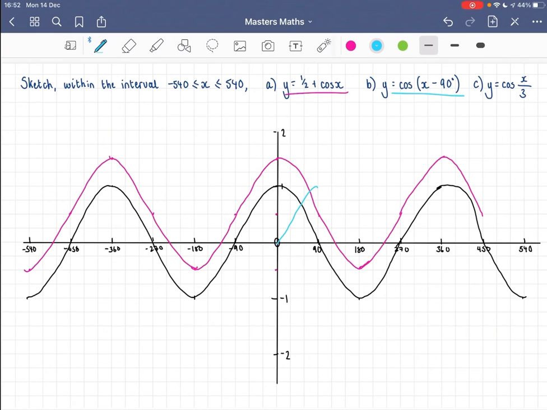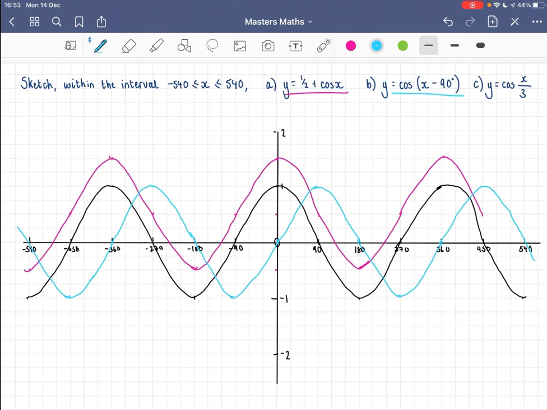It's going to come down, cross at 180, go down like this, and up again, and then like that at 450, and then back down and cross at 540. We do the same in the negative direction, so it's coming down and up again, getting to the maximum at 270, coming back down, a minimum at negative 450, and then back up to negative 540.